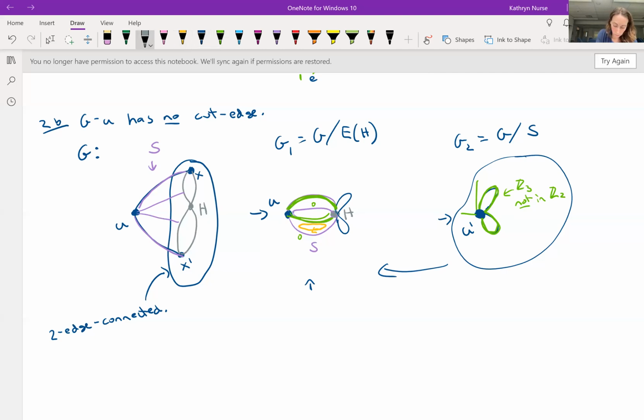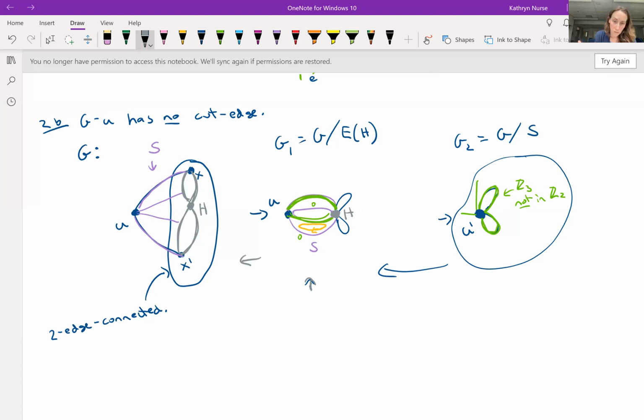And so now we just have to uncontract our vertex H. And so we go again this way. We uncontract H, and the same thing happens again. All of the edges incident to that vertex in G1 were not in the Z2 flow, and so we have no Z2 flow value on any of these edges. It's all 0, and we write some value in Z3, but this time we fix it.